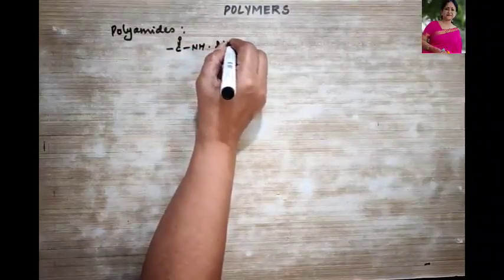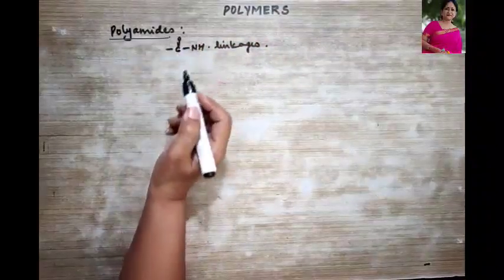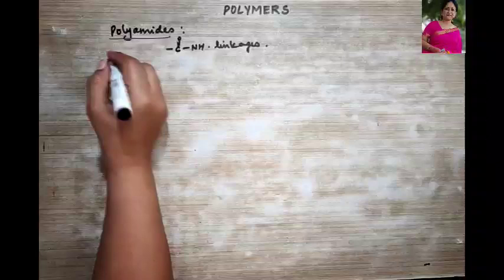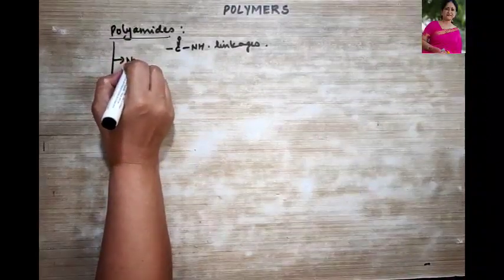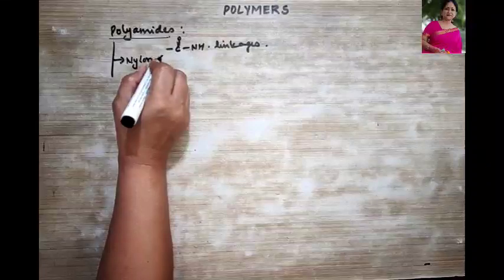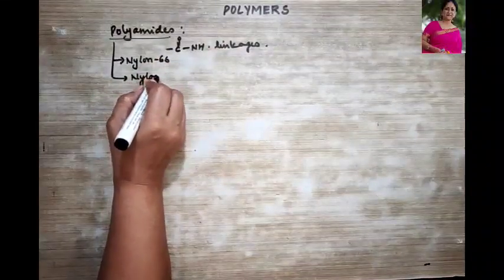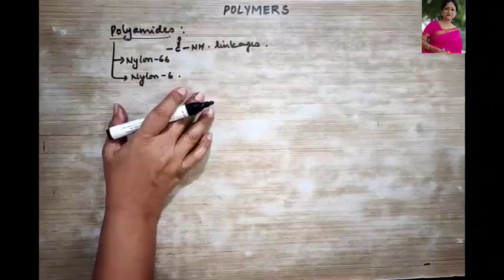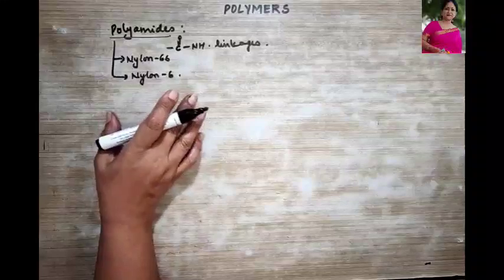Where we find these kinds of linkages, we call them polyamides. In polyamides you have 2 polymers to study: nylon 66 and nylon 6. Both are very important and usually asked in your board exam.